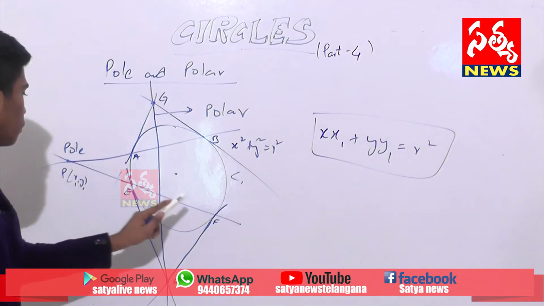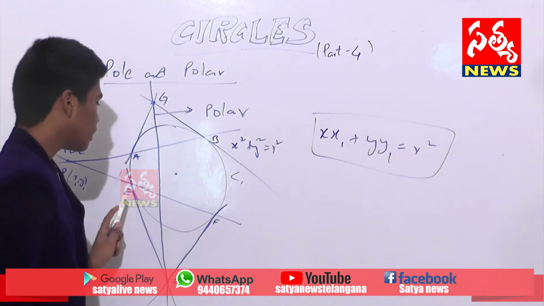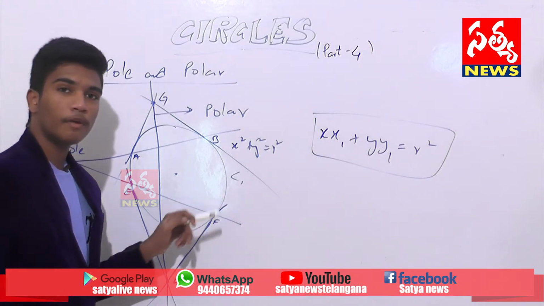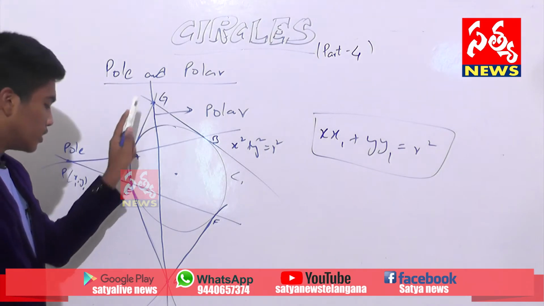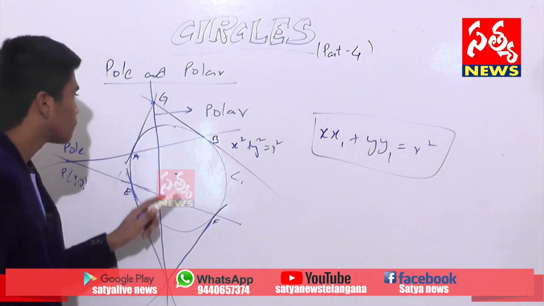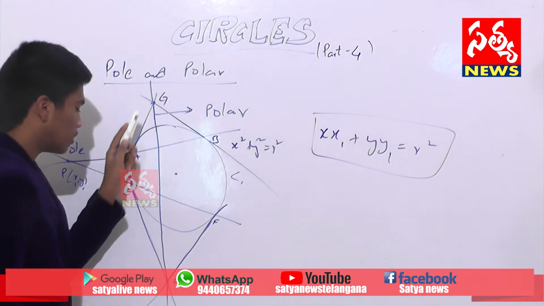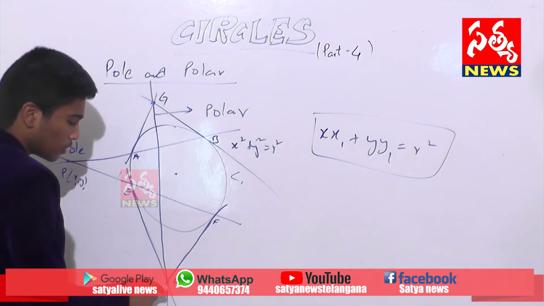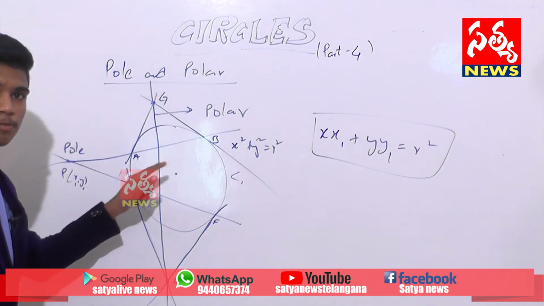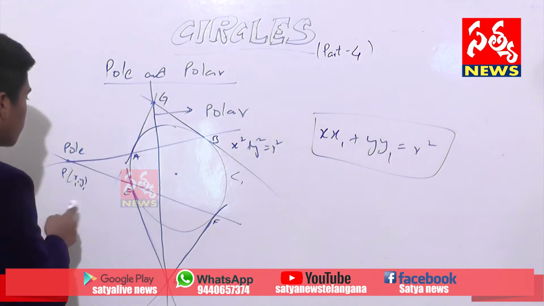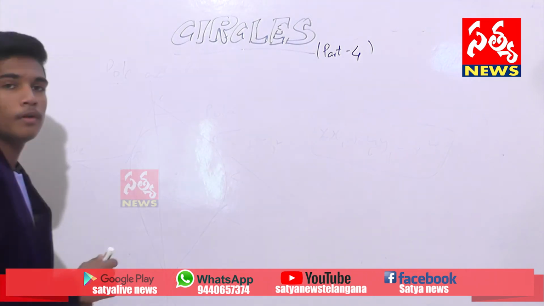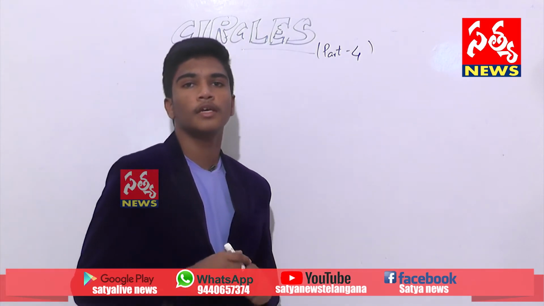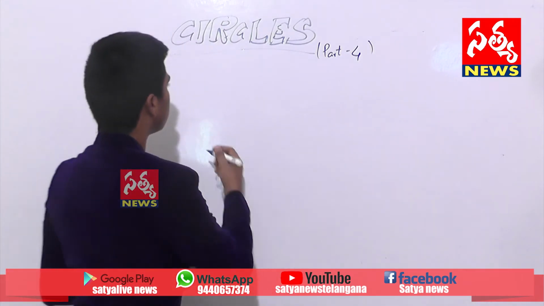Two chords are drawn, AB and EF, and the tangents from every point of intersection of the circle and the chord meet at G and K. The line which joins G and K is known as polar and the point P is known as pole. Hope you got it. And the next topic is circles touching each other.